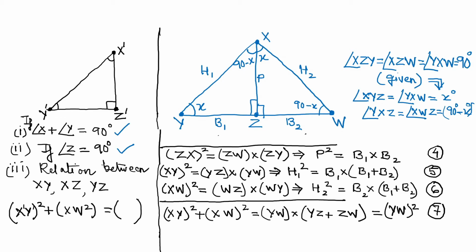So X dash Y dash whole square plus Y dash Z dash whole square should give me the hypotenuse square, which in this case is, and a small mistake here, instead of writing it as X dash Y dash, we would want to write it as the perpendicular square.